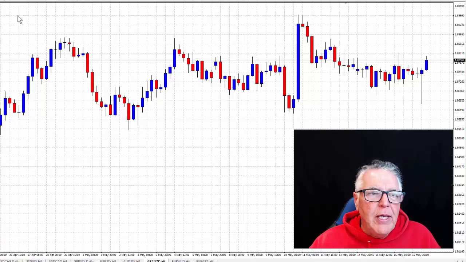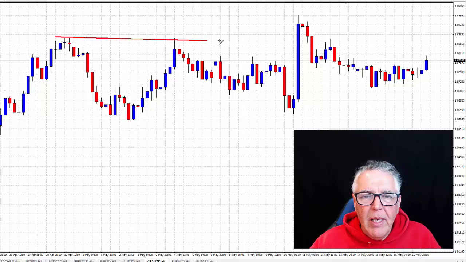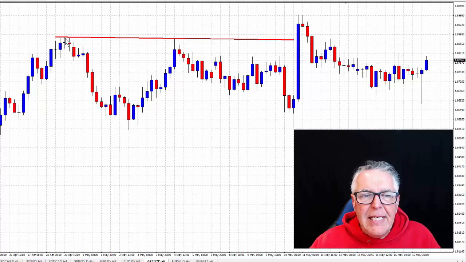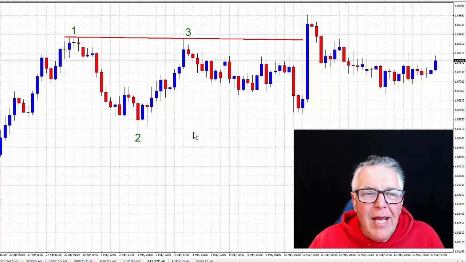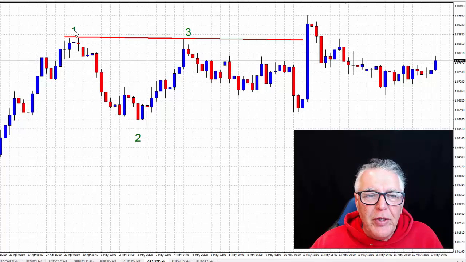So all you do is you actually just draw a line, and I'm going to draw quite a long one, over those 2 particular turning points, and I'm going to number them just to make it clear. Right, so I've updated the numbering and the lines go across turning point 1 and turning point 3.